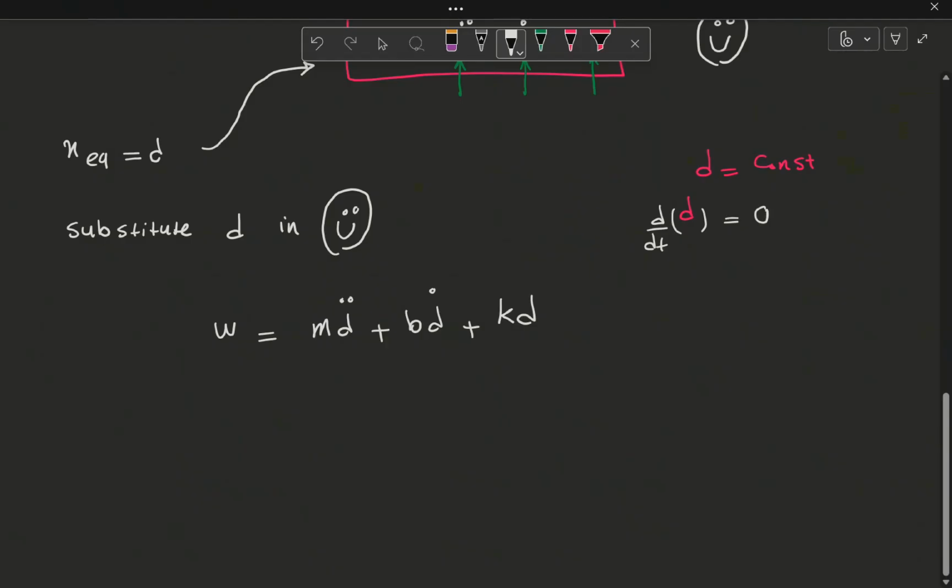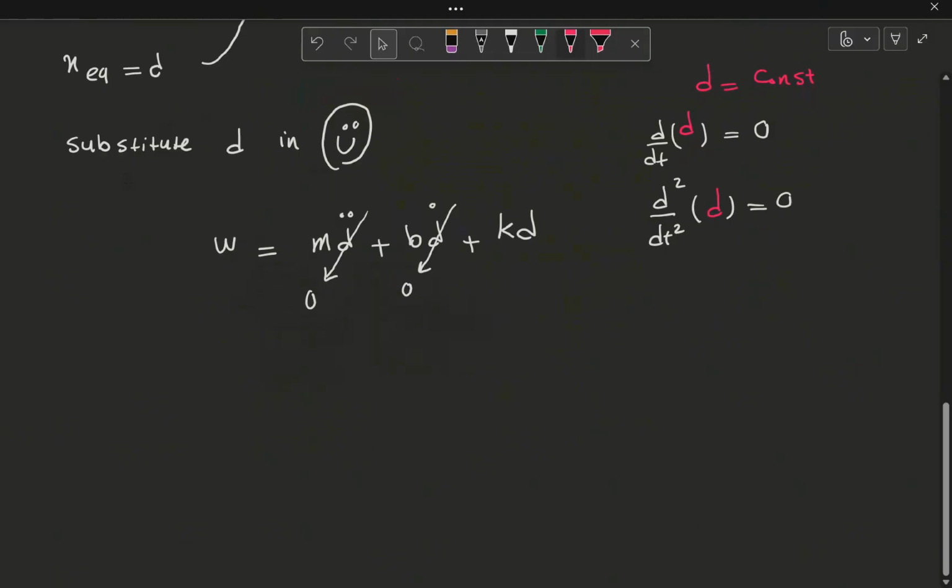What is going to be the second time derivative of d? Again, if d is a constant number, the second time derivative of d would also be 0. Yes? Okay. With this, let's go back to the dynamics and see what the value is for d double dot and for d dot. You guys agree that it's going to be 0. Yes? Okay.